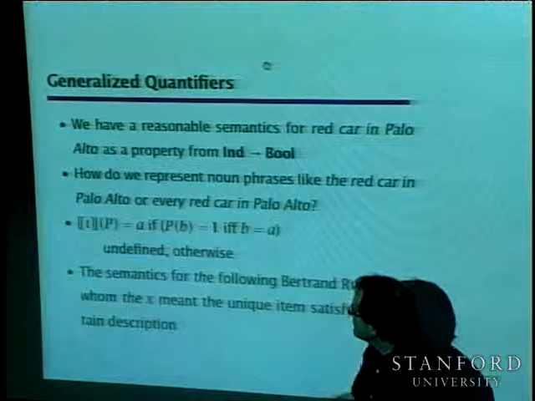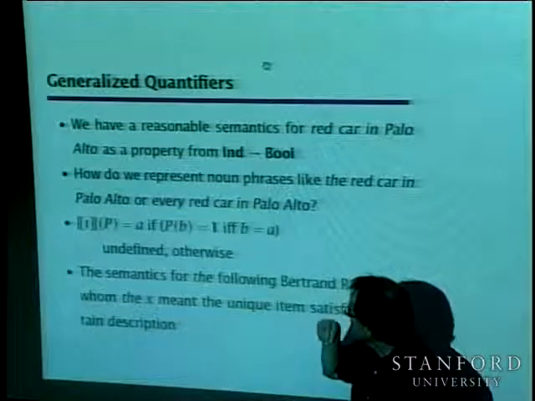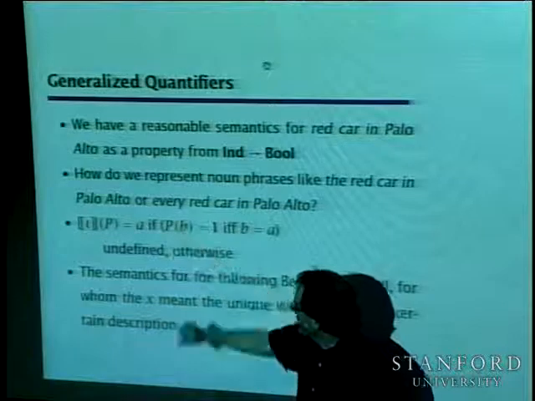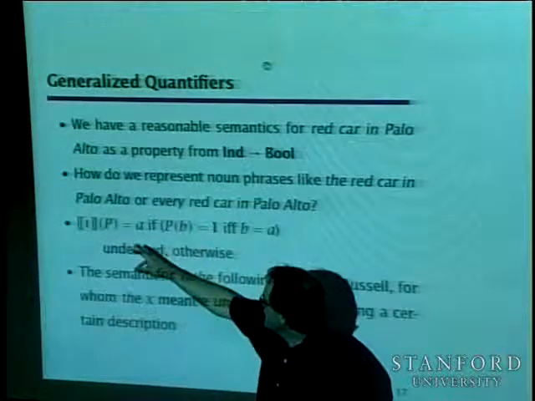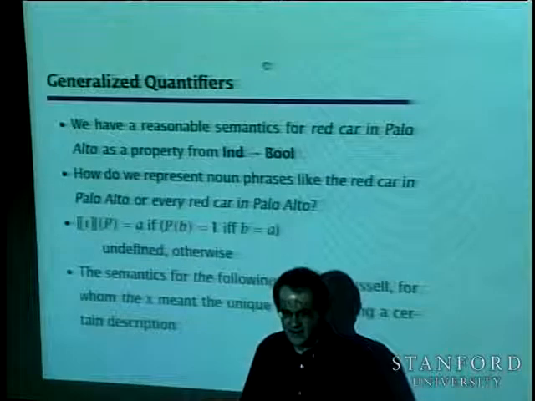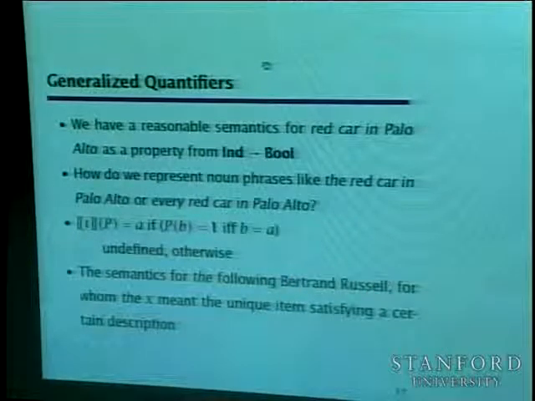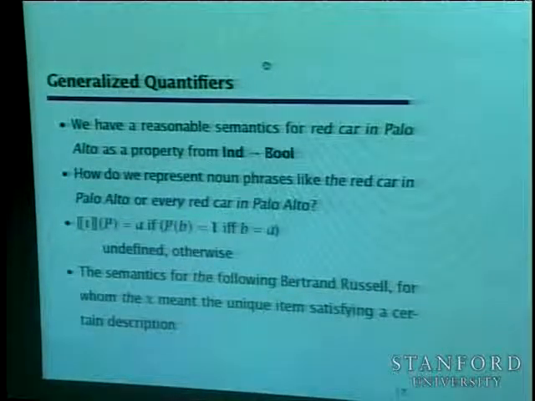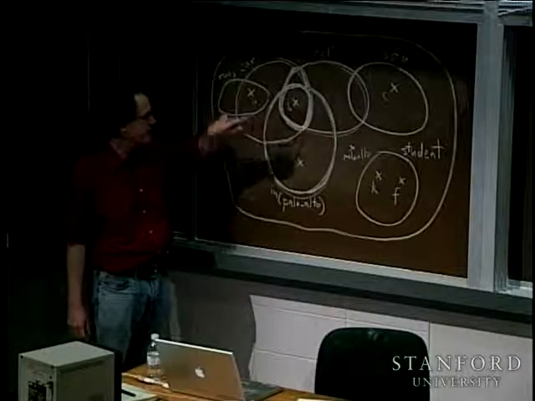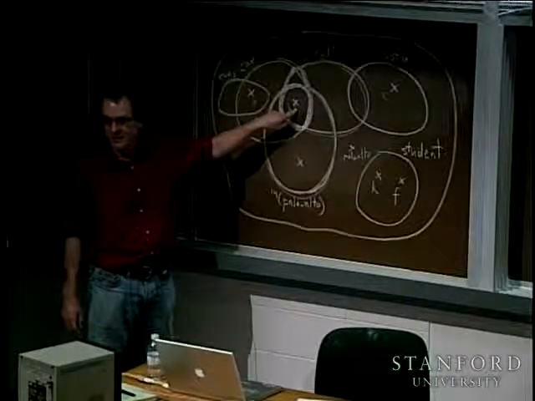So if there's precisely one thing in the model for which p of x is true, then the function returns that thing. So if I ask for the red car in Palo Alto, what's returned is the individual b.